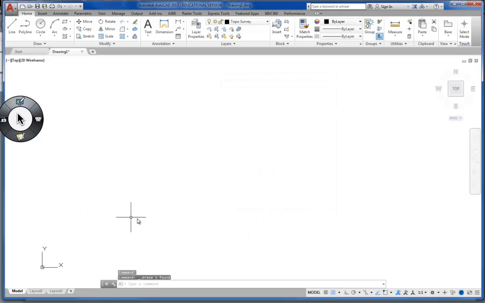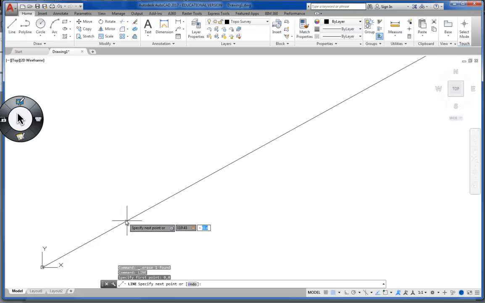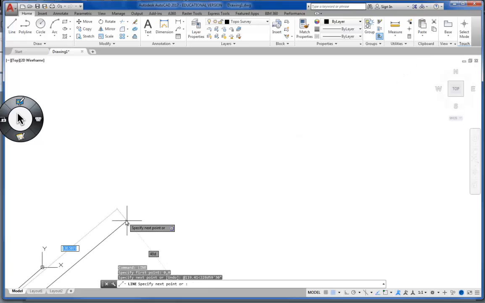So we're going to set up, and I'm going to assume that 0,0 is where my gun is set up. I'm just going to key these in. So I've got a line from 0,0 at a distance of 119.41, an angle of 228 degrees, 59 minutes, 30 seconds.